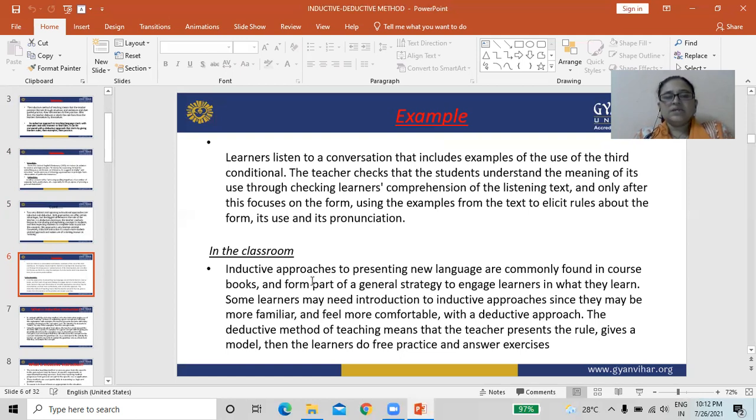The teacher checks that the students understand the meaning of it through checking learner comprehension of the listening text, and only after this focuses on the form, using the examples from the text to elicit rules about the form, how it is used, and its pronunciation or production.